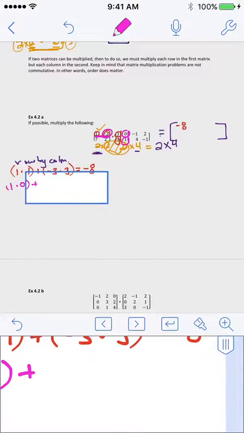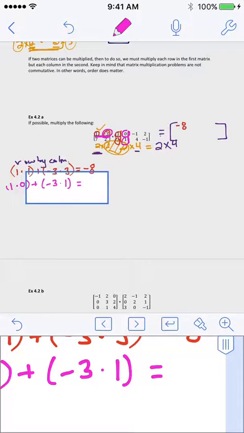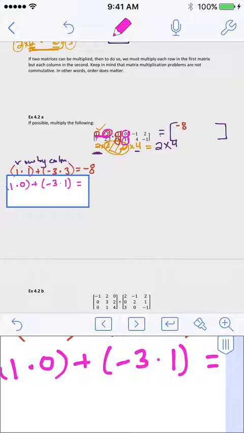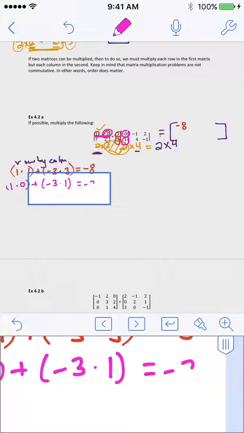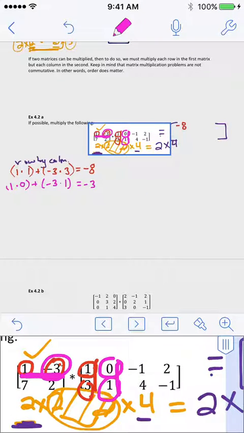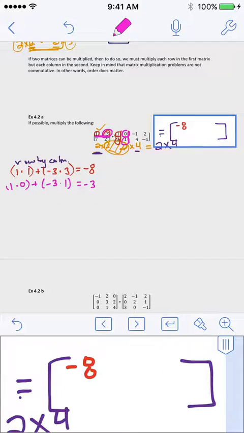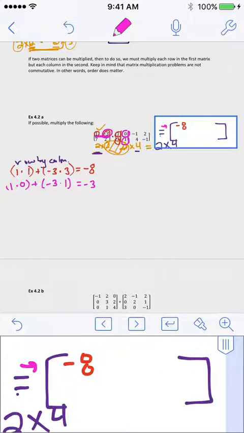Let's compute that out now. 1 times 0 is 0, plus negative 3 times 1 is negative 3. Those added together give me negative 3. I just did the first row times the second column, so I'll go to the first row, second column. It looks like negative 3 is my next entry.